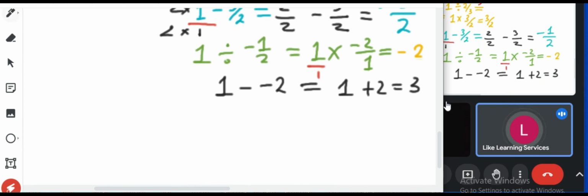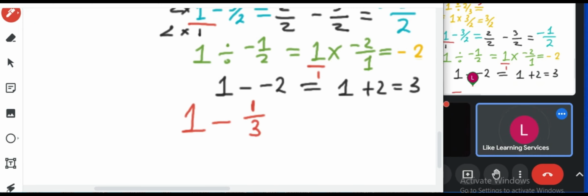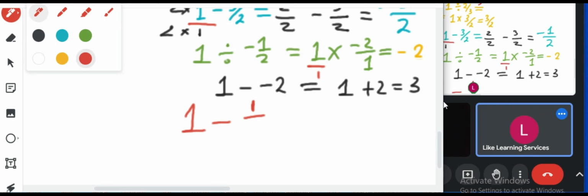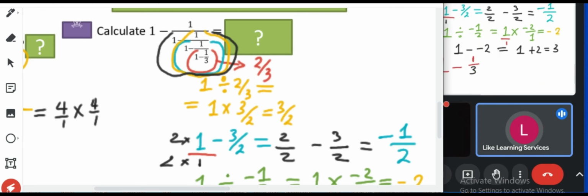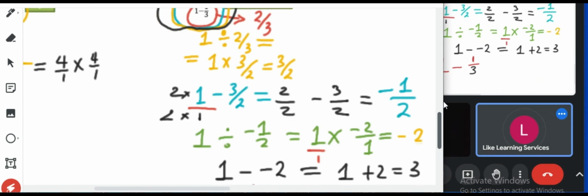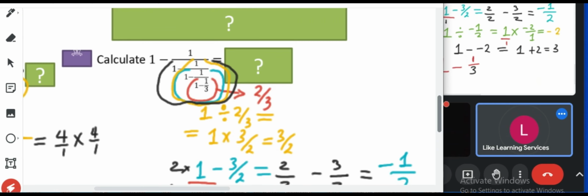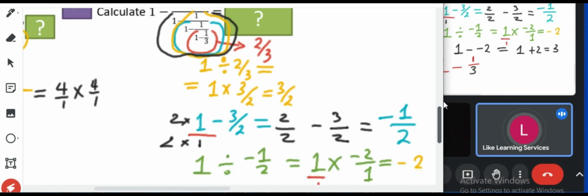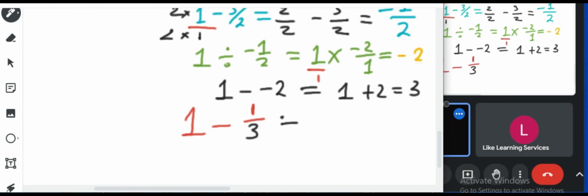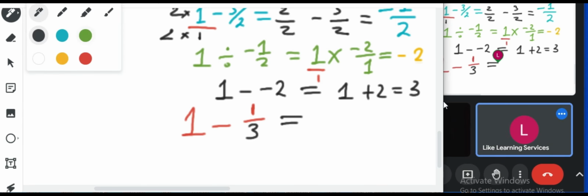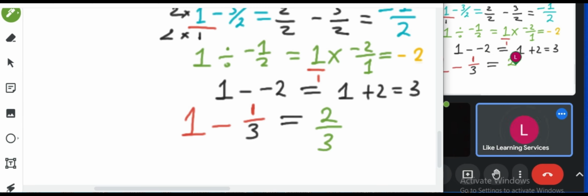So the final thing will simply be 1 minus 1 over 3, because we have found the whole thing in black to be 3. So 1 minus 1 over 3 gives what? Final answer. 2 over 3, which is the final answer.